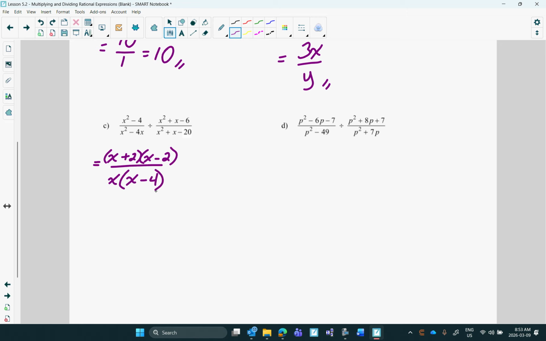Good. Divide. Not 5. Because that will give us a sum of 1. X plus 3 and x minus 2. And on the bottom, good.